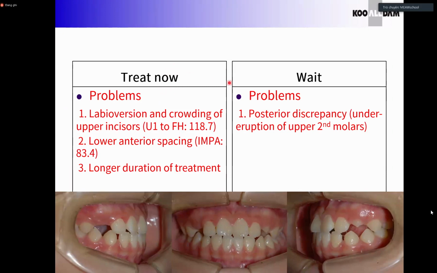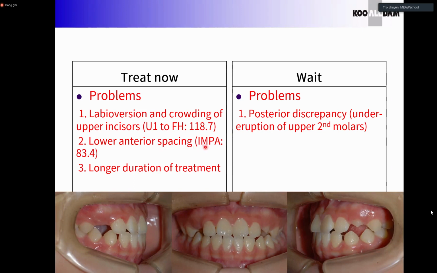Treat now or wait. When you treat now, these are possible potential problems. The labial version and crowding of the upper incisor. So this means the U1 to FH 118 may worsen. And also we can see lower anterior spacing.